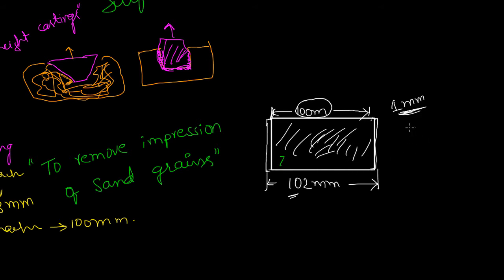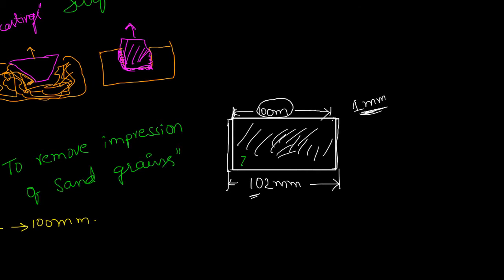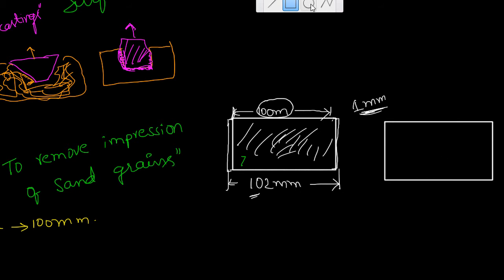But if I have a hole in the casting, for example, this is the casting product that I want to produce. This has a dimension of 100 mm. The diameter of the hole to be produced is 50 mm, right?